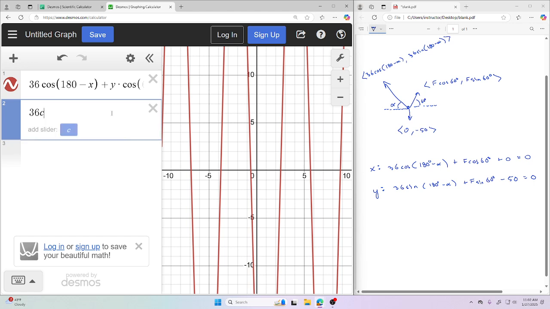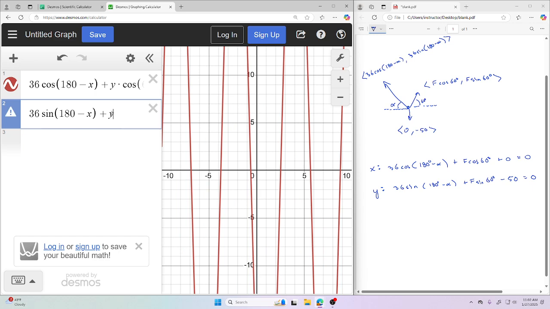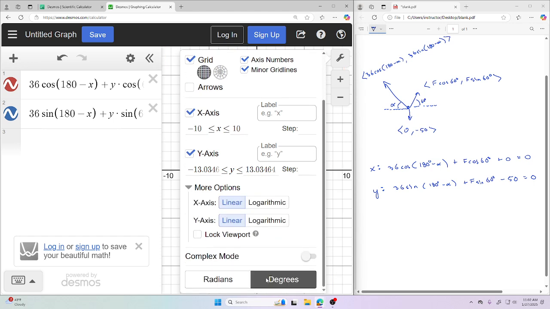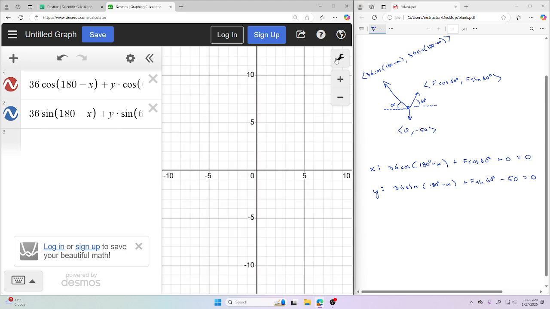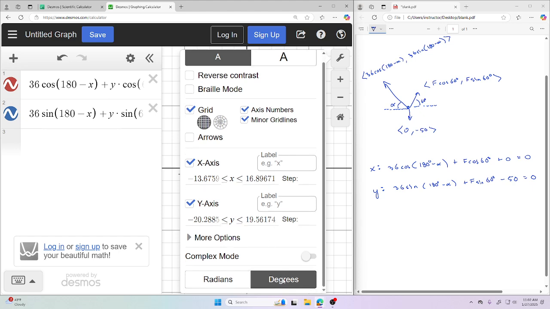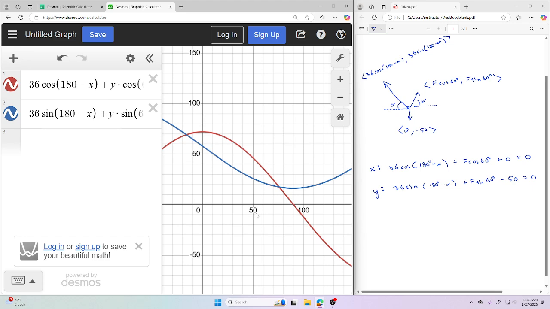Hold on, because I definitely don't want to have to change everything to radians. That would be terrible. Do they have that? More option. Bottom. Oh man, that's so nice. Yeah, so over here, degrees. Oh wow, so much better.